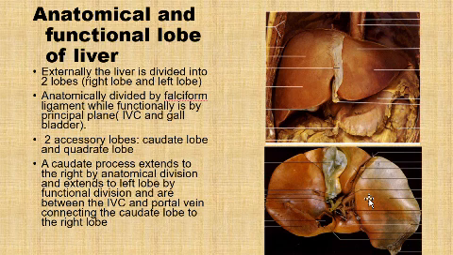The liver also has two accessory lobes, quadrate and caudate. This one caudate and this one quadrate, and these two accessory lobes belong to the right lobe when dividing the liver anatomically, and also to the left lobe when dividing using the inferior vena cava and gallbladder.